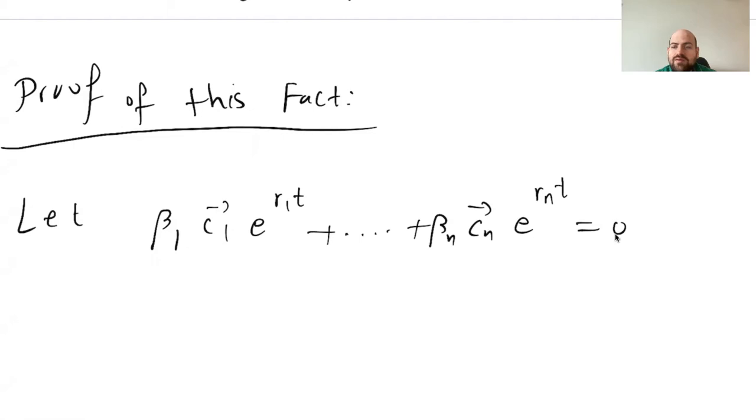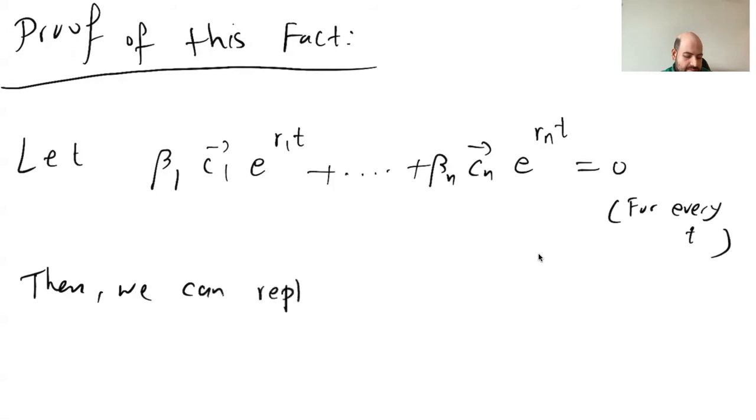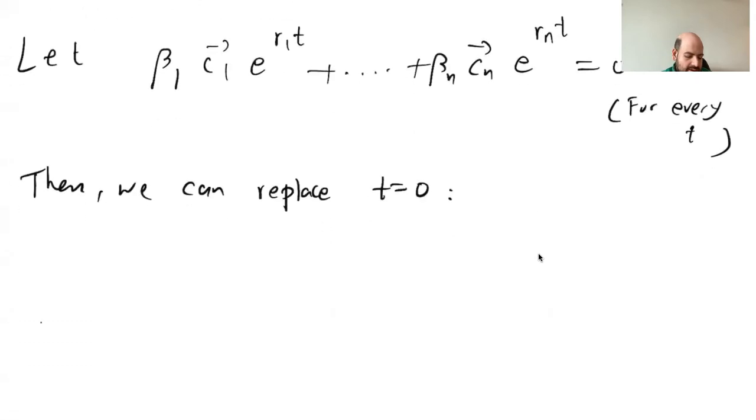When we say 0 here, we mean the constant function 0. So it has to be 0 for every t. Then we can replace t with 0, and then we get beta1 c1 all the way to betan cn equals 0.